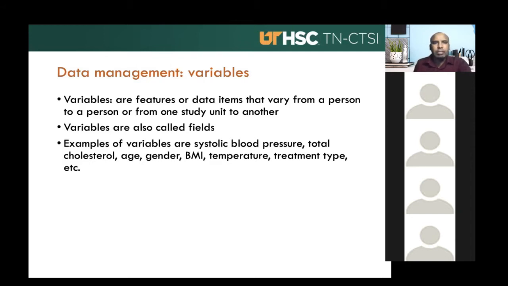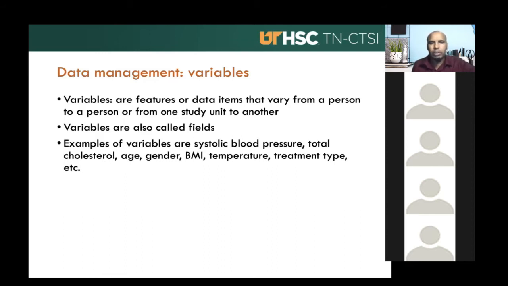The other important aspect of data management is about variables, especially since people who conduct data analysis almost always deal with variables. Variables are features or data items that vary from a person to a person or from one study unit to another. Examples of variables are systolic blood pressure, total cholesterol, age, gender, BMI or body mass index, temperature, treatment type.